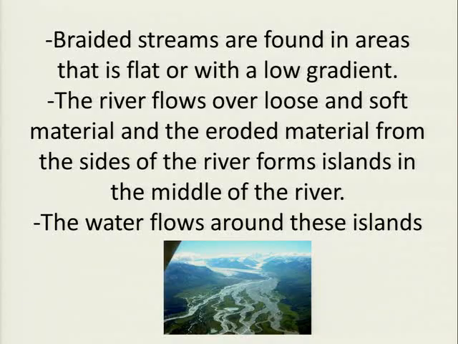So this river flows over loose and soft material, and all the eroded material from the sides of the river then forms islands in the middle of it. If you have a look at that picture, you will see the river is flowing around these islands.